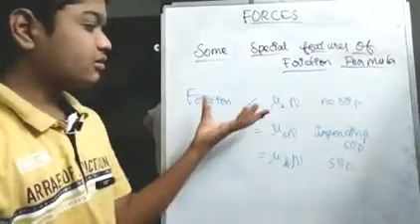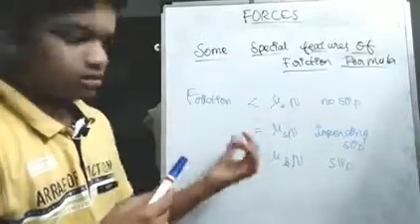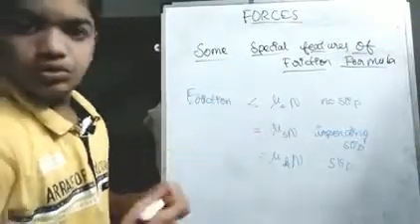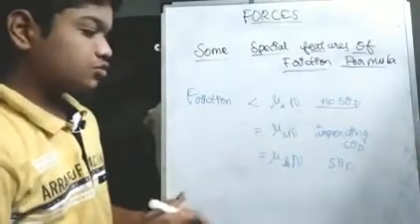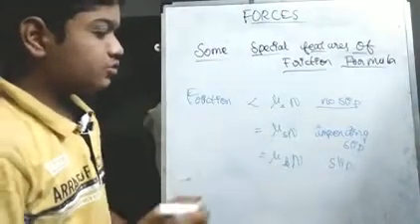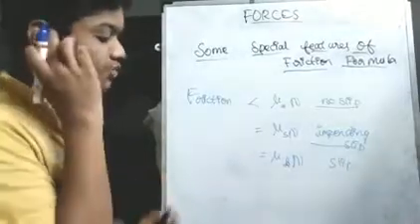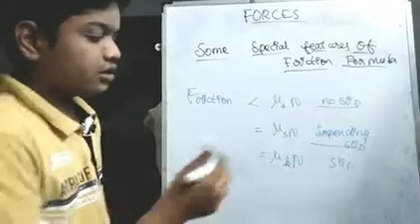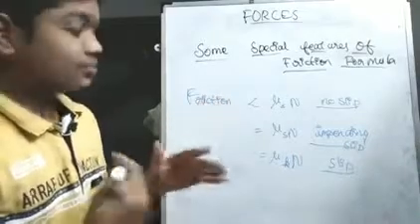Once again, remember the formula for friction. The value of friction is less than mu s N in no slip, it is equal to mu s N in impending slip, and it is equal to mu k N in slip.